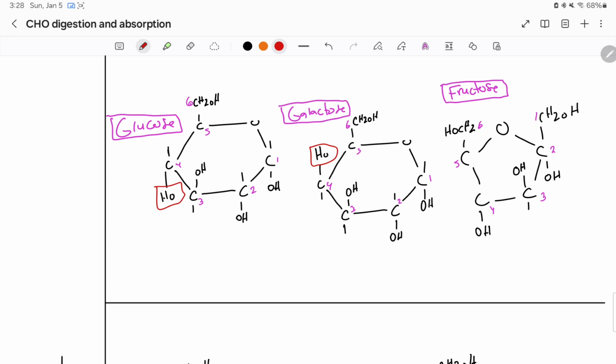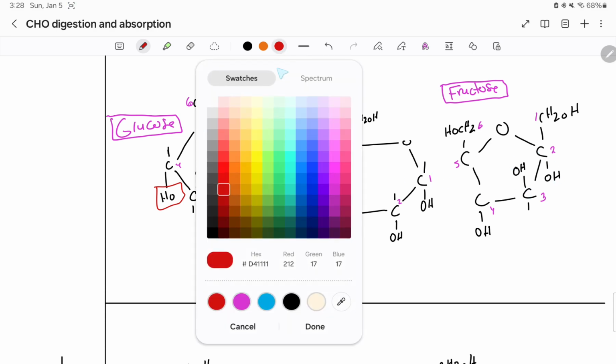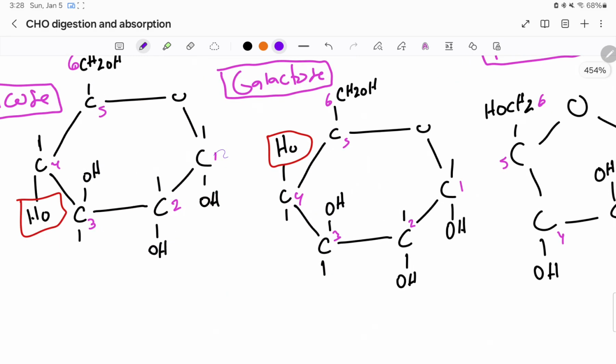Now, if you look at fructose, that's completely different from both of these. Another term I want to introduce for people who maybe haven't taken chemistry is the anomeric carbon. The anomeric carbon here is this first carbon, because it's doubly bonded to an oxygen. It's a carbonyl carbon.